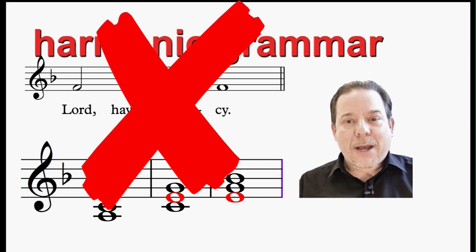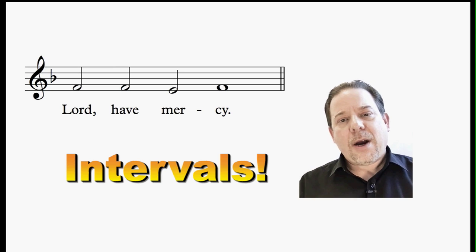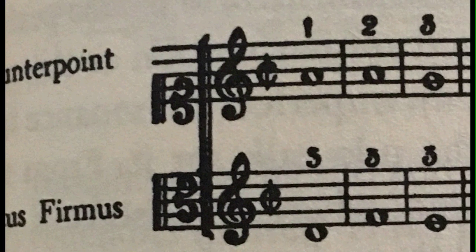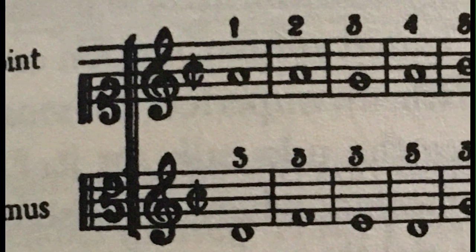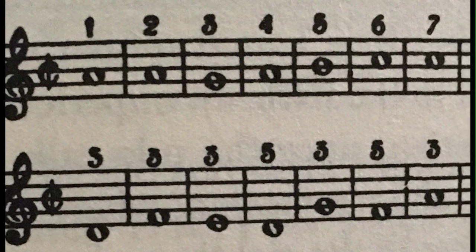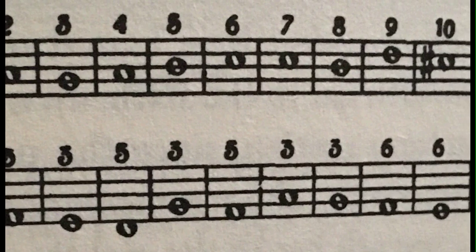I want to think about intervals, because when we look over time at how our understanding of harmony has developed, we see that back before we understood chords and how they related one to another, we used intervals to guide our compositional choices. So let's go back to our melody and use our understanding of intervals to begin our harmonization.